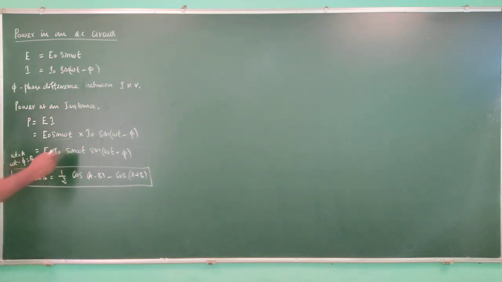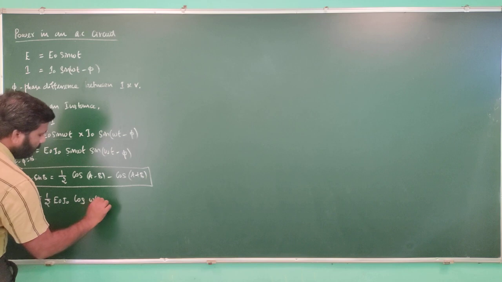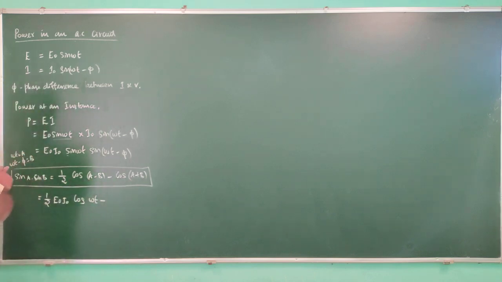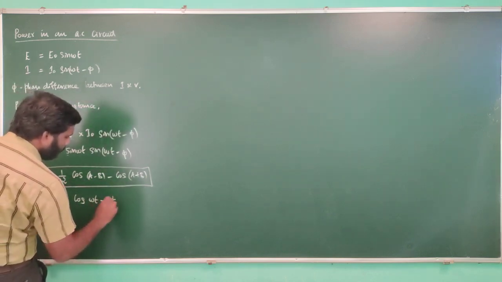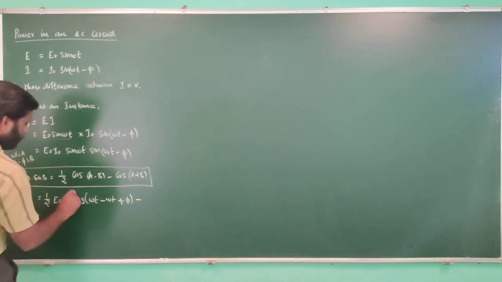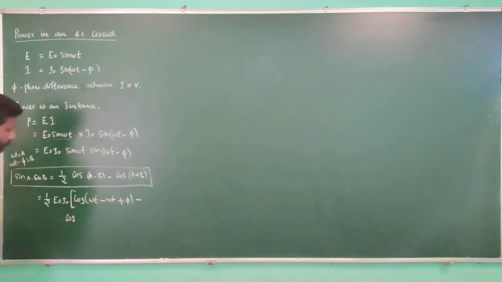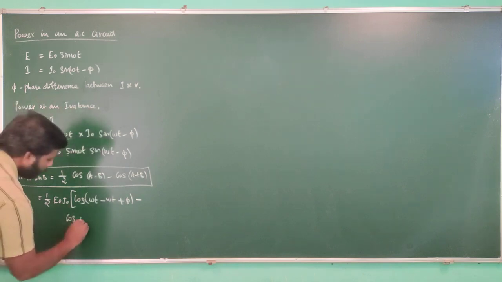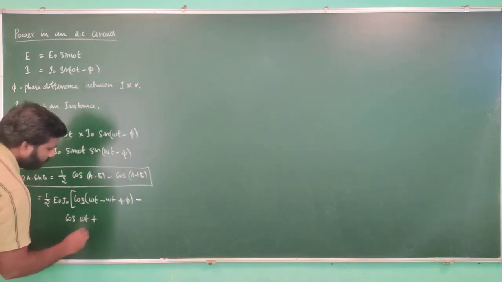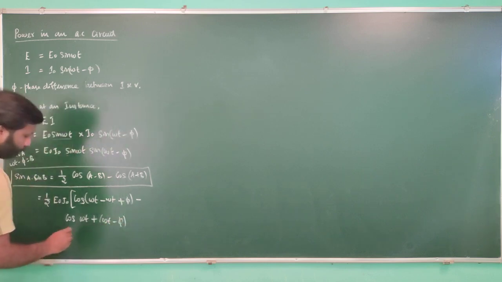If you apply this formula here, it becomes 1 by 2 E naught I naught cos of A minus B, where A is omega t and B is omega t minus pi, so omega t minus omega t plus pi, minus cos of A plus B, where A plus B is omega t plus omega t minus pi.